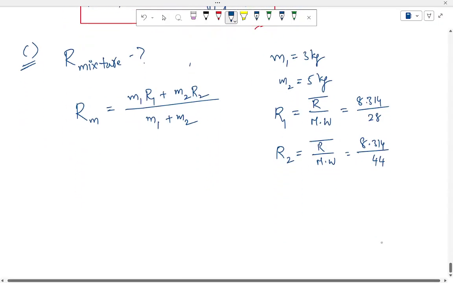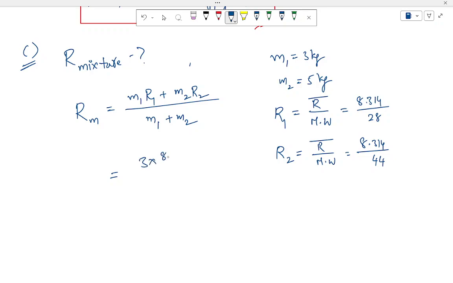So now you have everything that is required for this formula, and you can just substitute that 3 into 8.314 by 28 plus 5 into 8.314 by 44 by 3 plus 5.